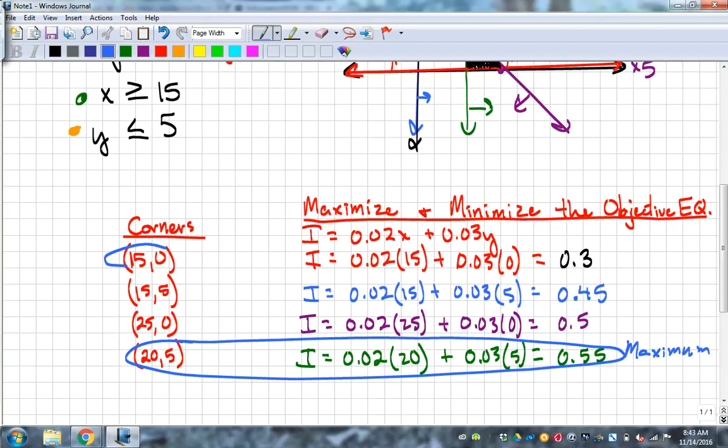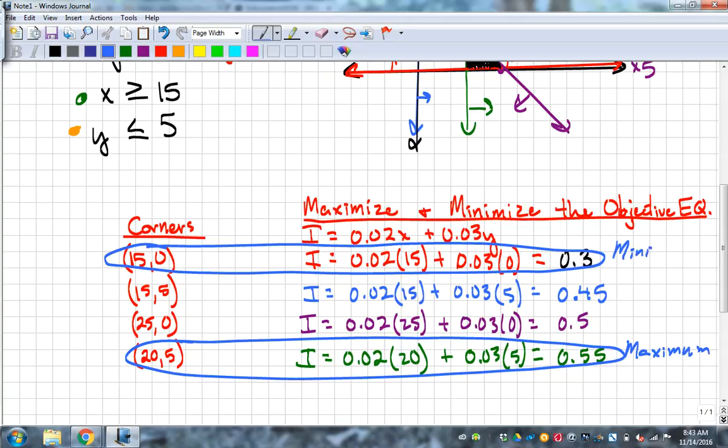So it would be that whole piece there. The ordered pair is the location. The actual number is the maximum or minimum value. So if it just says find the maximum or minimum, we're talking about these numbers. If it asks where is the maximum or minimum, we're talking about the location, the ordered pair.